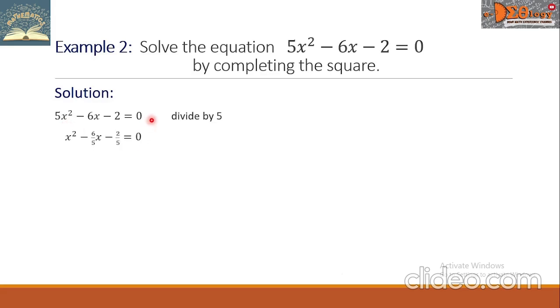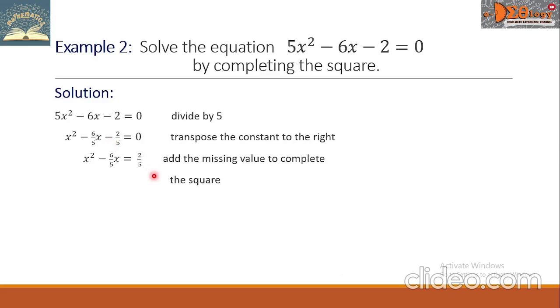So the equation becomes x squared minus 6 over 5 times x minus 2 over 5 equals 0. Then we transpose the constant to the right. The constant is this negative 2 over 5. Now comes to the right as positive 2 over 5.